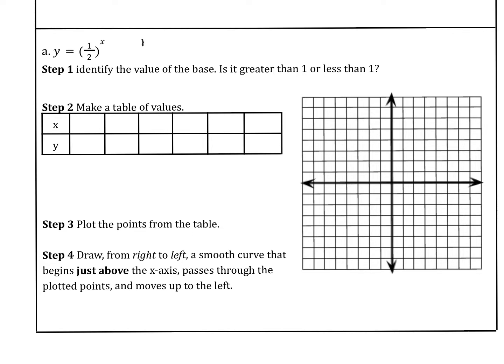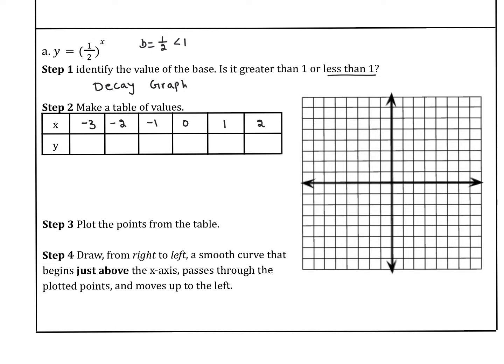For graphing y equals 1 over 2 to the power x, you're going to identify the base. The base is 1 over 2, which is less than 1, which means this is going to be a decay graph. And you're going to use the values for x: -3, -2, -1, 0, 1, and 2.